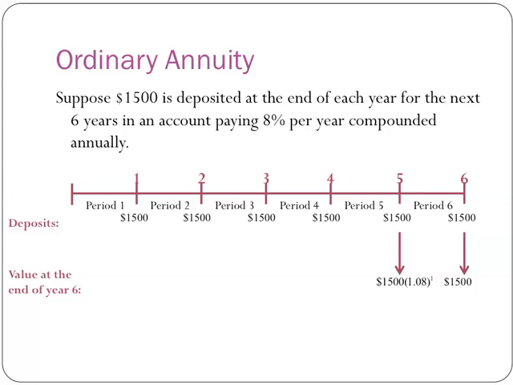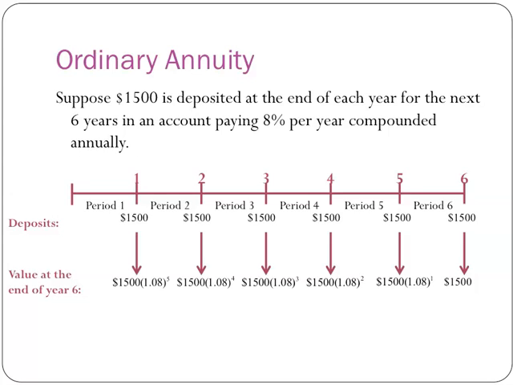Now, working backwards, we can continue to apply this, and we know that the $1,500 from year 4, by the end of year 6, has now had 2 years in there. So this is going to be 1,500 times 1.08 to the second. The next one, 1,500 times 1.08 to the third. Next, 1,500 times 1.08 to the fourth.